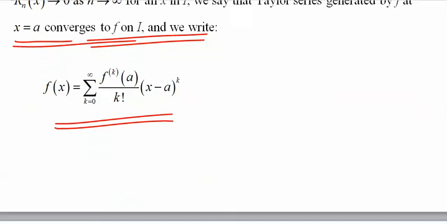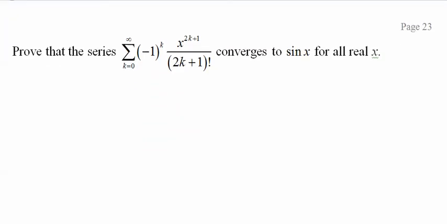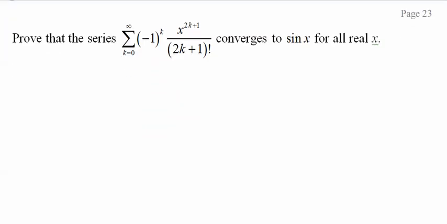If I lost you there, then don't worry about it, I lost myself. So prove that this converges to sine of x for all real x. Now this is pure theory, but we look at the remainder theorem. Remainder of some order n, we don't know, but we're going to say what happens to R_n as n approaches infinity.